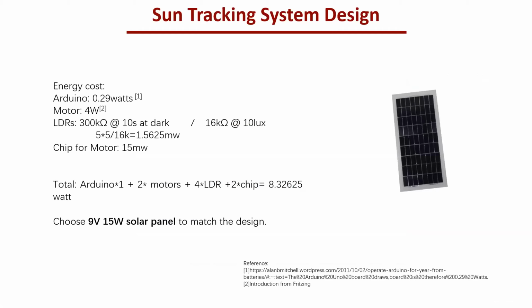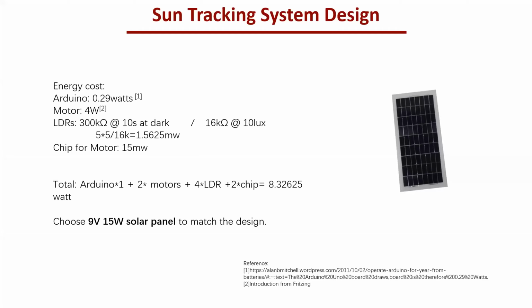And because we don't have any battery in the system, we can lower the cost, and we don't want to use the room energy, so we are trying to choose a better solar panel to provide energy for the whole system, including the two motors, the LDRs, and the Arduino itself. And by the calculation, in total we need 8.3 watts. Considering the energy loss and any transmission loss, we choose a 15 watt solar panel.